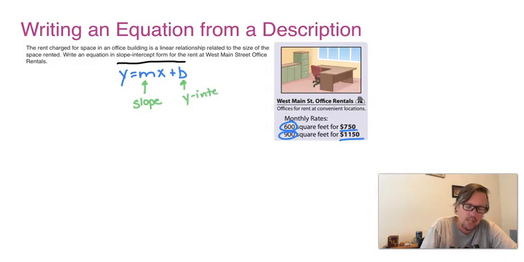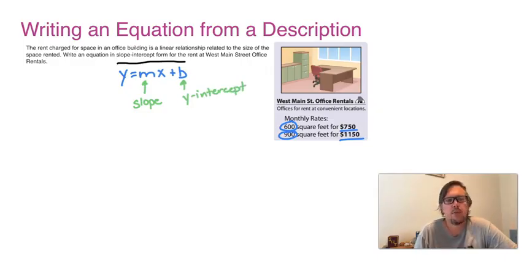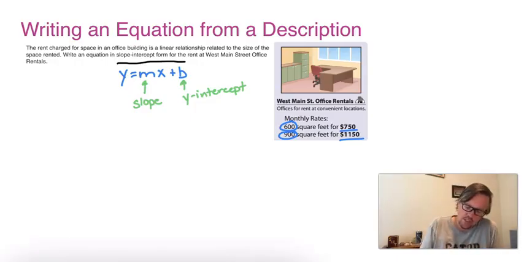Okay, so with all problems that are like this, anytime you get a problem with two variables, one variable, three variables, whatever, step number one is always to define your variables. So the two things we're measuring here are explained to us right in the graphic. It is square feet. That's one of our variables.